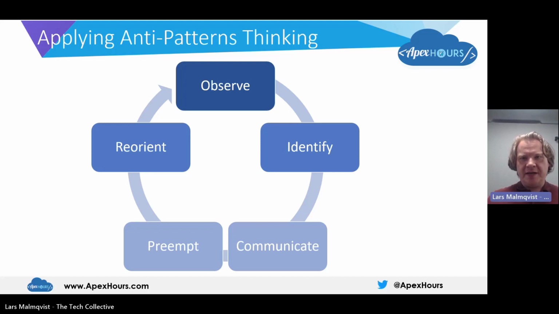Now, once you have identified them, you need to communicate in the right way to the right stakeholders. We've covered a couple of communication anti-patterns in today's session. And it's really important that you share your findings, not just with the people who are working on it right now, but also with the appropriate governance forum and with any management that might have a stake in the overall state of the platform.